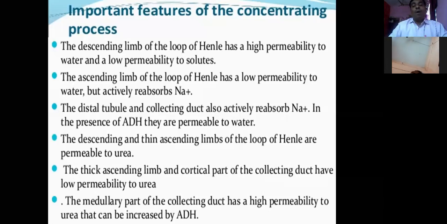The medullary part of the collecting duct has a high permeability to urea, which can be increased by ADH, antidiuretic hormone. Overall, the salient feature of this theory is that the ascending limb actively transports sodium ions, and the medullary tissue is concentrated. In this way, they balance the water and ion concentration in the urine. Hence, it is called a countercurrent mechanism.